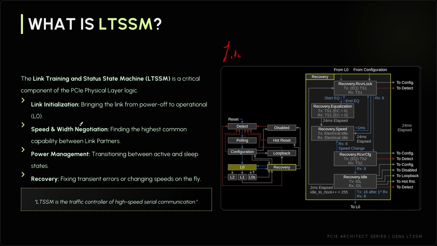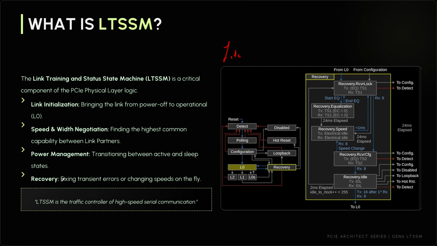Second is speed and width negotiation. A PCIe device may support 16 lanes while the motherboard may support only 8. Similarly, one device may support Gen6 while the other supports Gen4. Here the role of LTSSM is to find the highest common capability. Third is power management. It helps move between active and low power states.